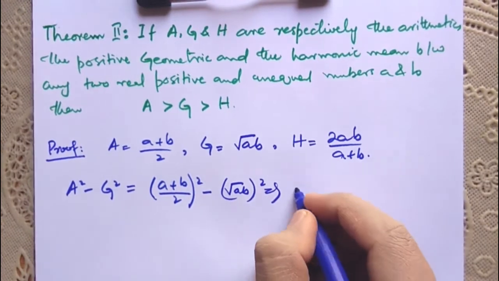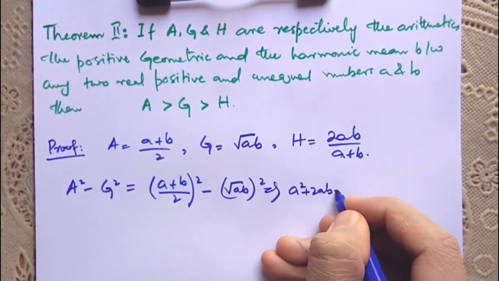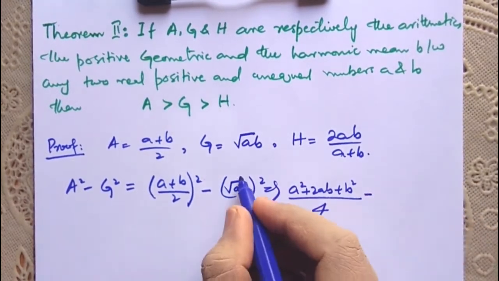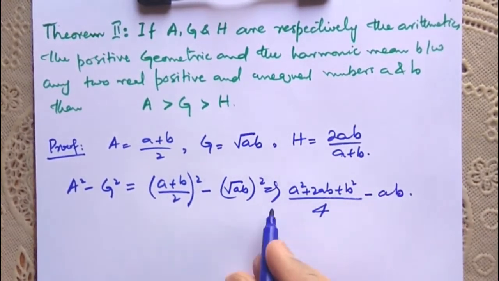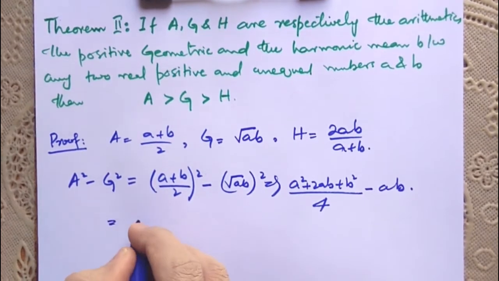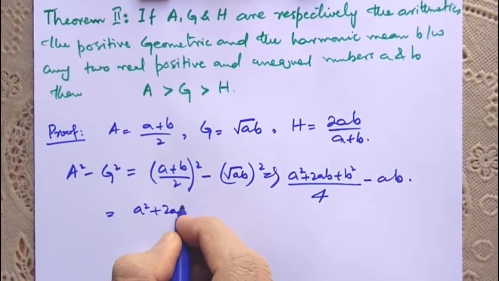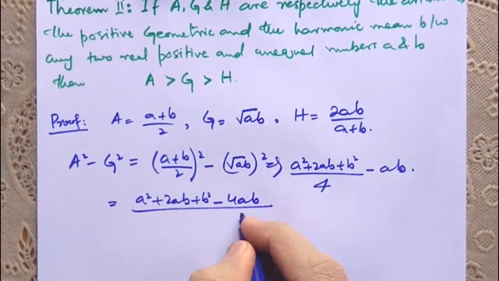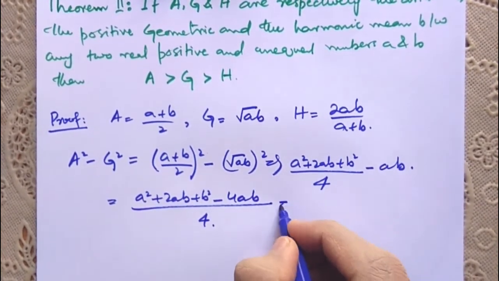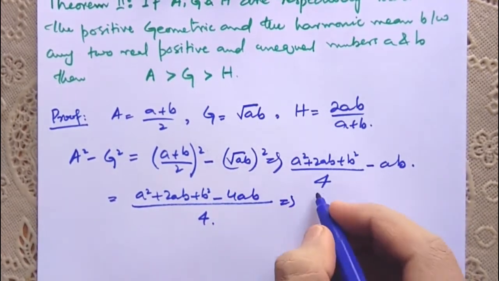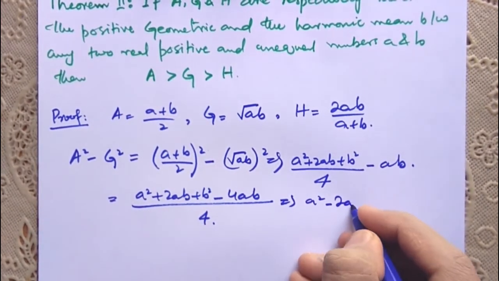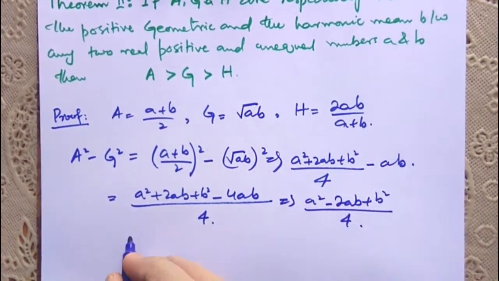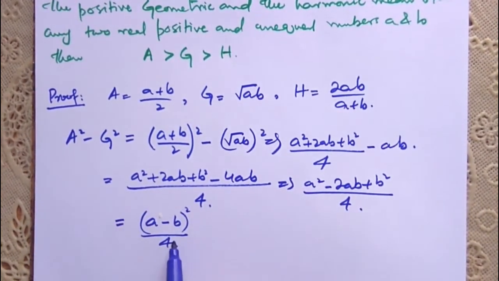So it implies that (a square plus 2ab plus b square) upon 4, means it is a perfect square, minus ab. So after simplification we have (a square plus 2ab plus b square minus 4 times ab) upon 4. So plus 2ab minus 4ab is equal to minus 2ab plus b square upon 4. So we can write (a minus b) whole square upon 4.